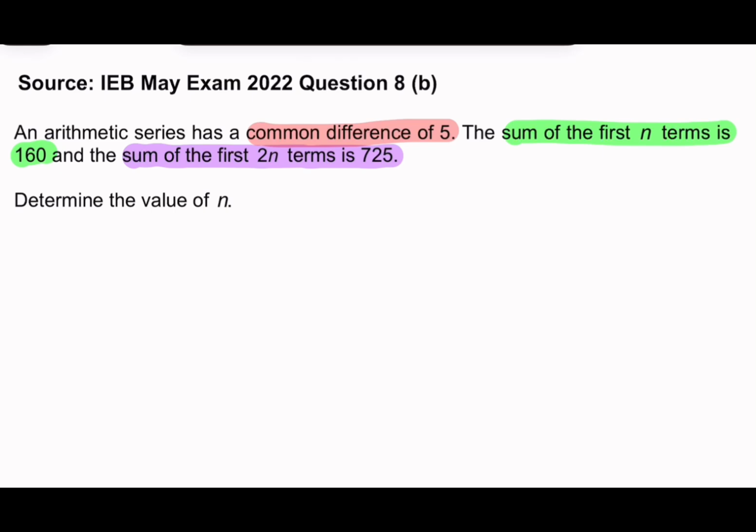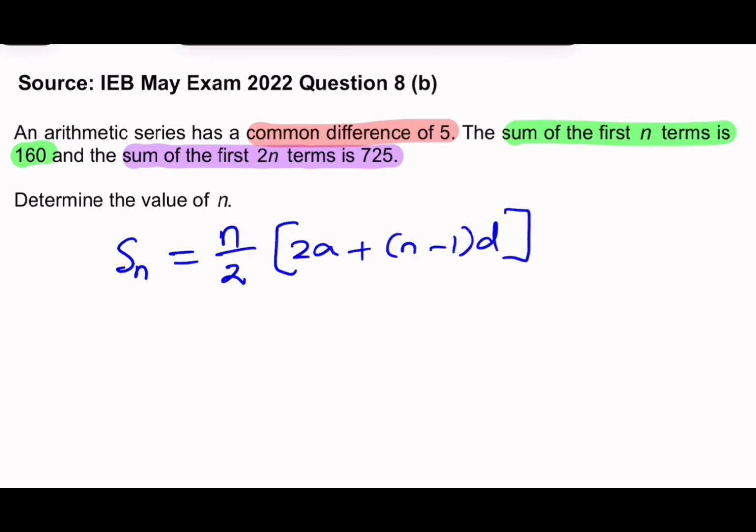The sum of the first n terms is written like this, what we know: n over 2 times (2a plus (n minus 1) times d). And the sum of the first n terms is equal to 160.